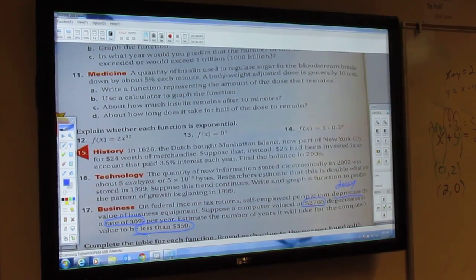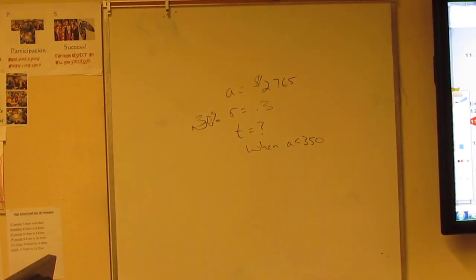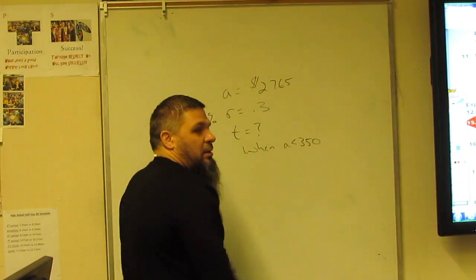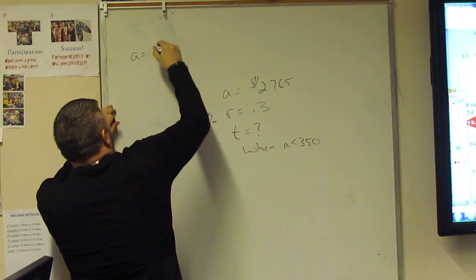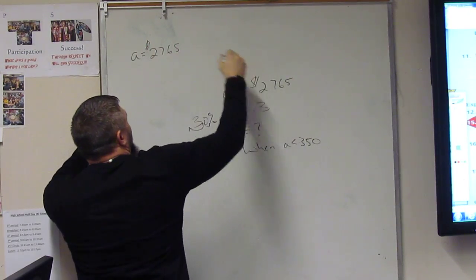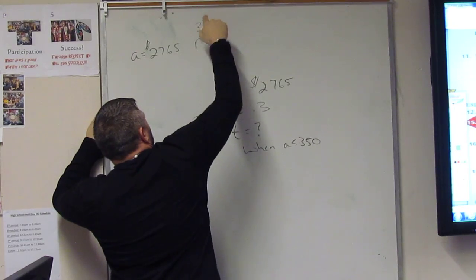Okay? So, come back to the actual board. Let's take a look and see what we've got here. We've got A is 2765. R is equal to 0.3, which was 30%.